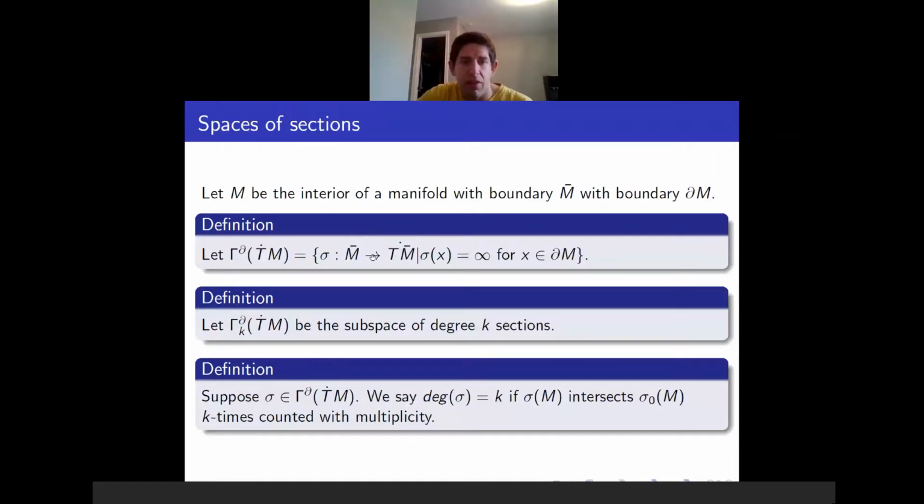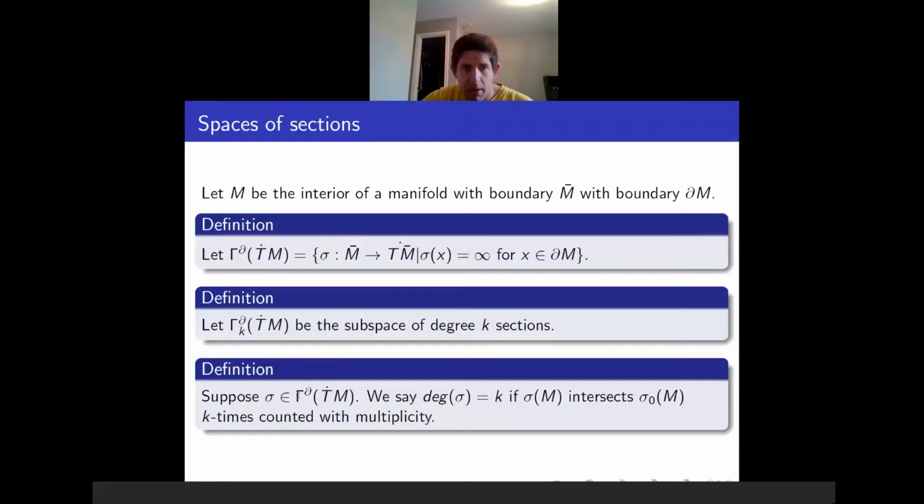You should think of these sections as possibly infinite vector fields, and then we require that the sections take value infinity on the boundary. And the subscript k here is going to mean the subspace of degree k sections.